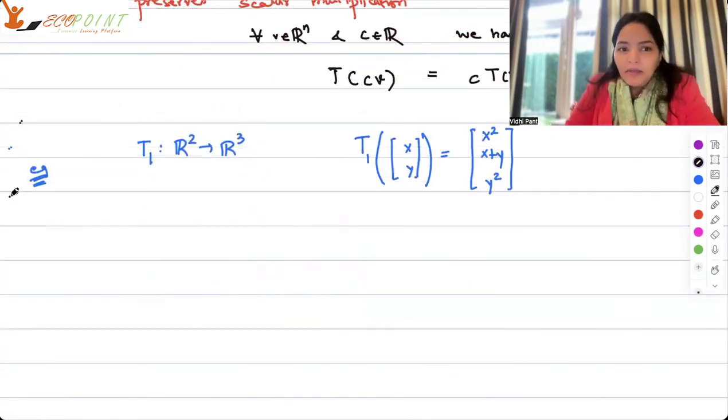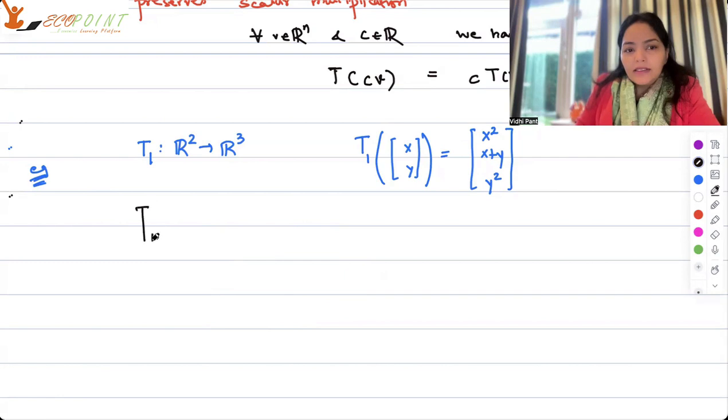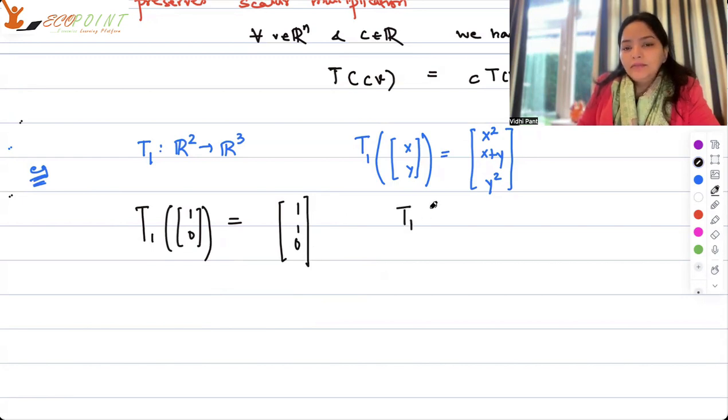Remember the example T1 from R2 to R3, where the input (x, y) gives the output (x squared, x plus y, y squared). Let's take two vectors. T1 of (1, 0) gives (1, 1, 0), and T1 of (0, 1) gives (0, 1, 1).